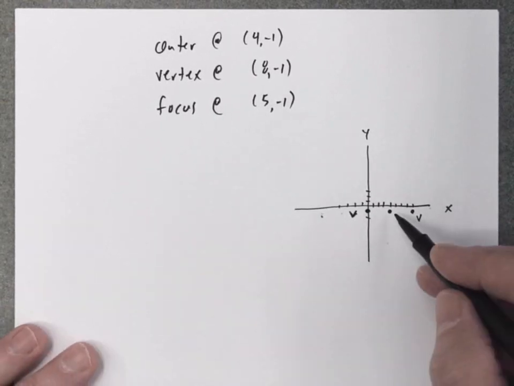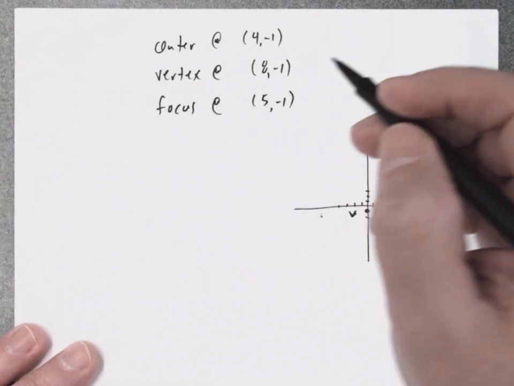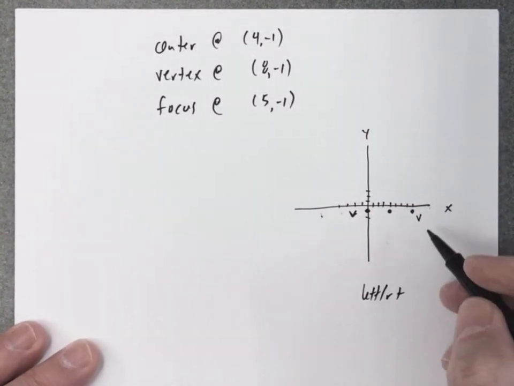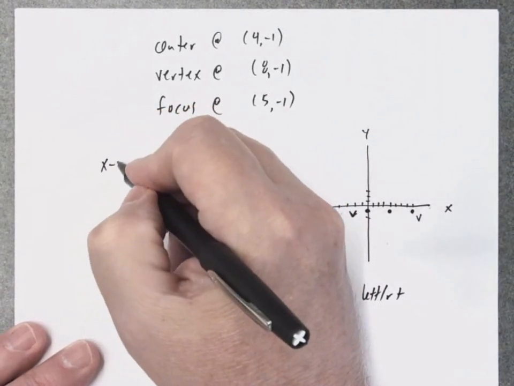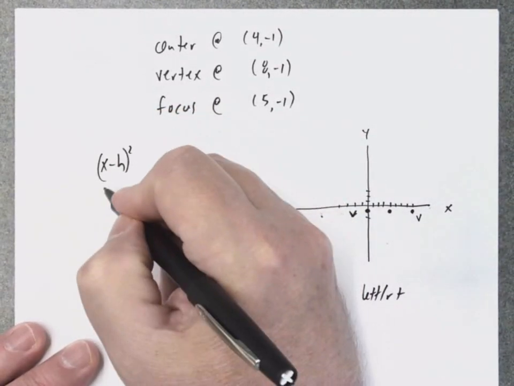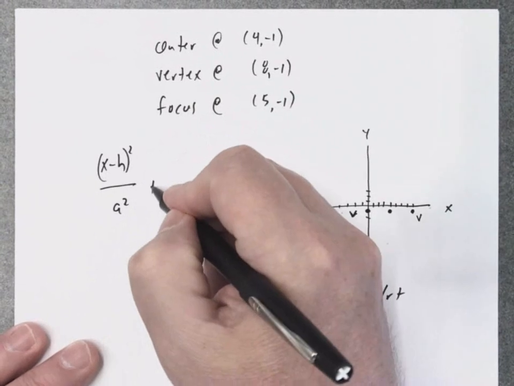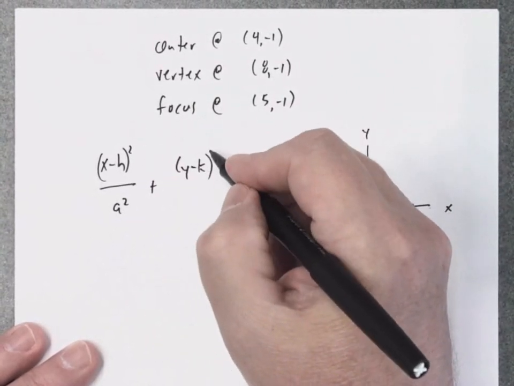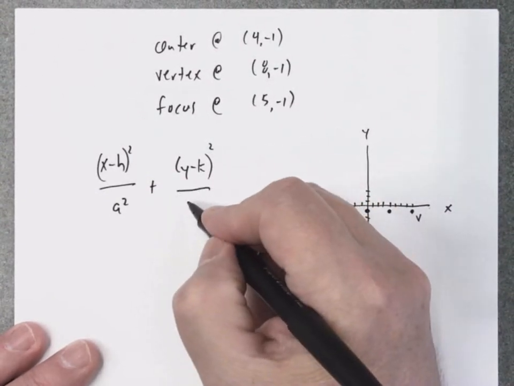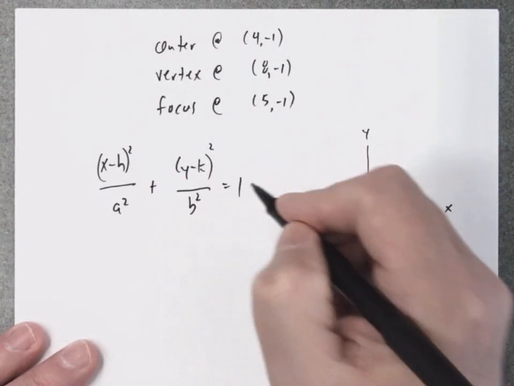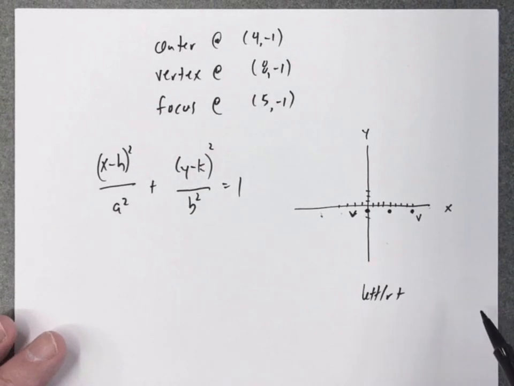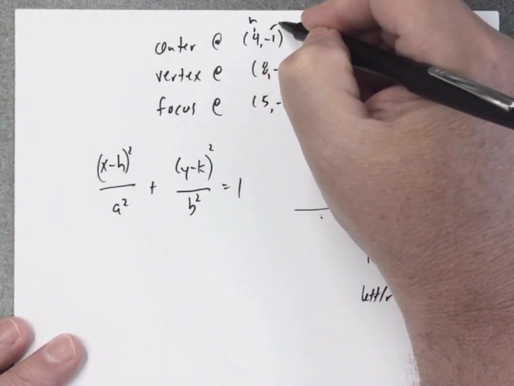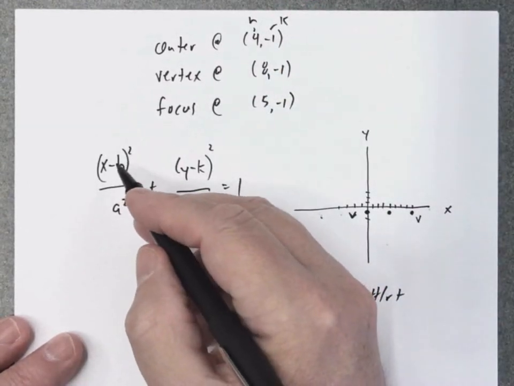So hopefully you can see that, since this is now going to be a left to right ellipse, this is my standard equation: x minus h quantity squared over a squared, plus y minus k quantity squared over b squared equals 1. The center is 4, -1, which means h is 4, k is -1.